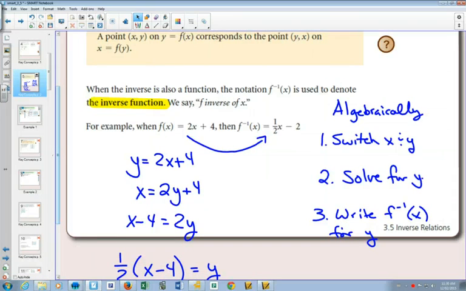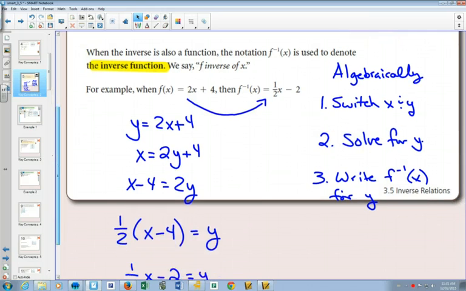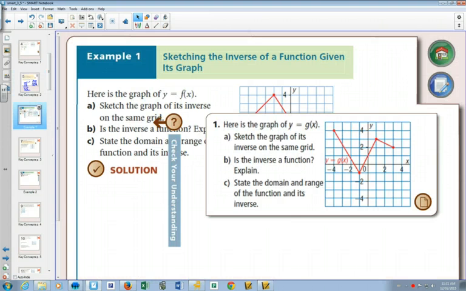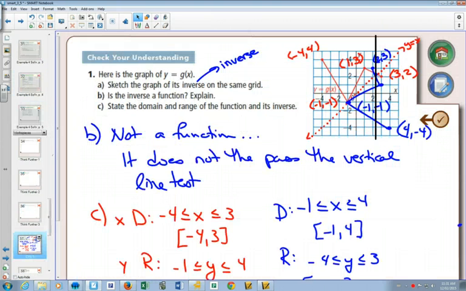We switch the x and the y, and then if you solve for y, you could find the inverse function algebraically that way. And we did that for this question off to the side. Graphically, we see the same thing, which is the example we just did, where all we did was take the points and switch the x and the y. Then we could get the new graph.